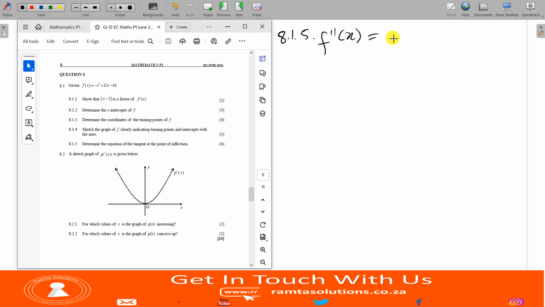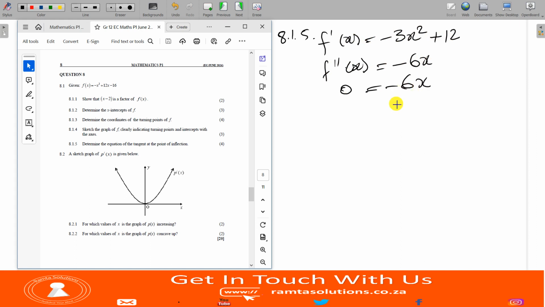Let me remind myself what f prime of x was. f prime of x was negative 3x squared plus 12. Now, what is f double prime? f double prime is negative 6x. So I'm going to equate it to 0.